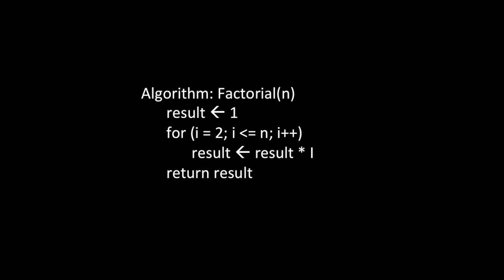I'll do that as long as i is less than or equal to n, and each time I execute the loop body, I'll increment i. So by the time the loop finishes, result is going to be equal to the product of all the numbers from 2 to n. And we'll return that result.